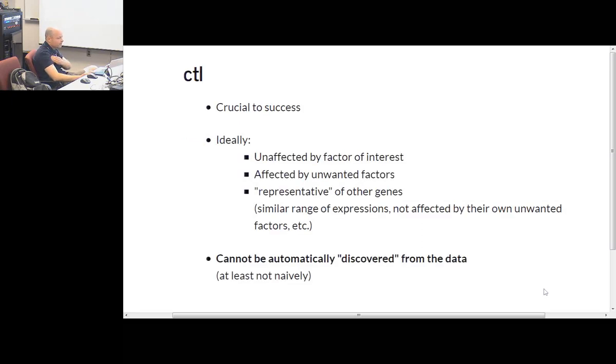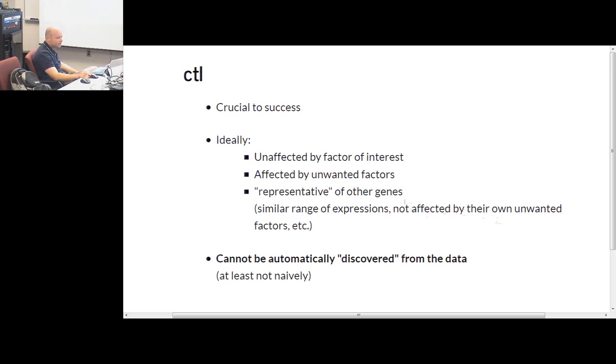Okay, eta, I'll skip over that. The controls, these are very critical to success. You want your negative controls to be unaffected by the factor of interest. You want them to be affected by the unwanted factors. And ideally, you'd also have it that they're somewhat representative of the other genes, meaning they have similar ranges of expression, not affected by their own unwanted factors.